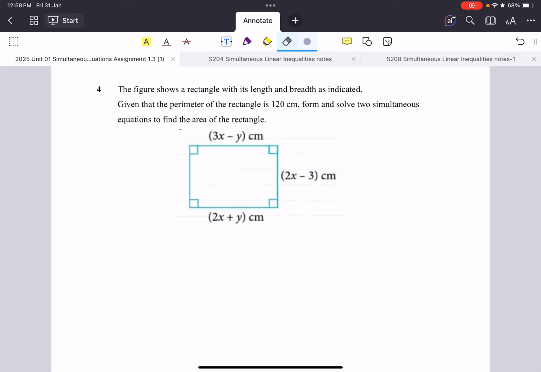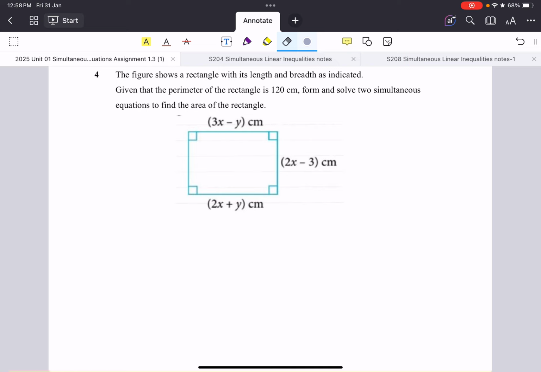Well, let's start with the first piece of information. The first piece of information is that the opposite sides are equal, right? So we can start with saying 3x plus y, which is the length on top, is equals to 2x plus y. Okay, we can do this because it's a rectangle, the opposite length is the same.